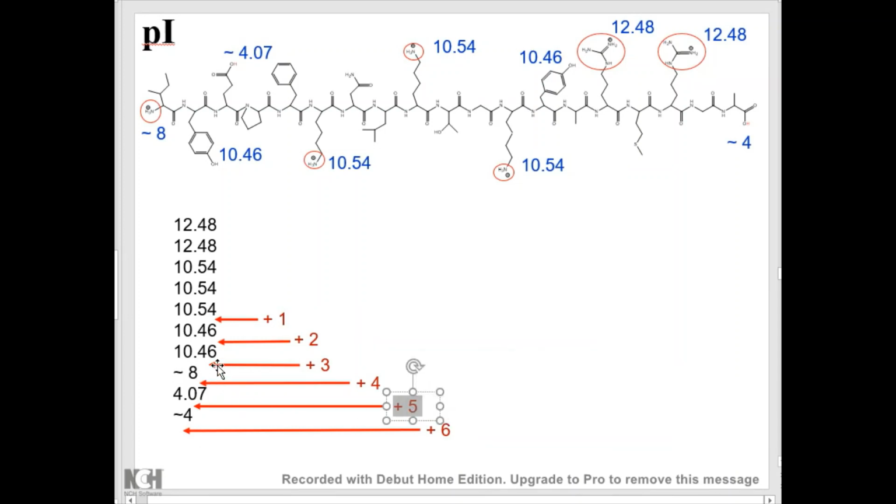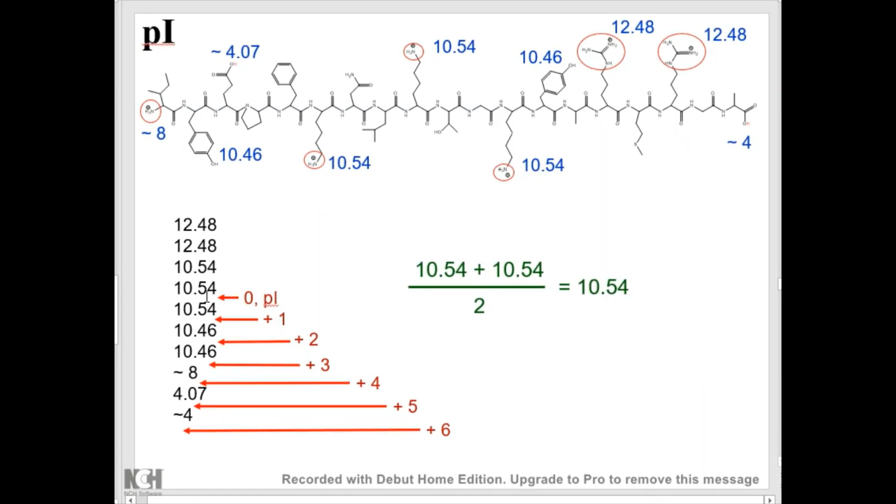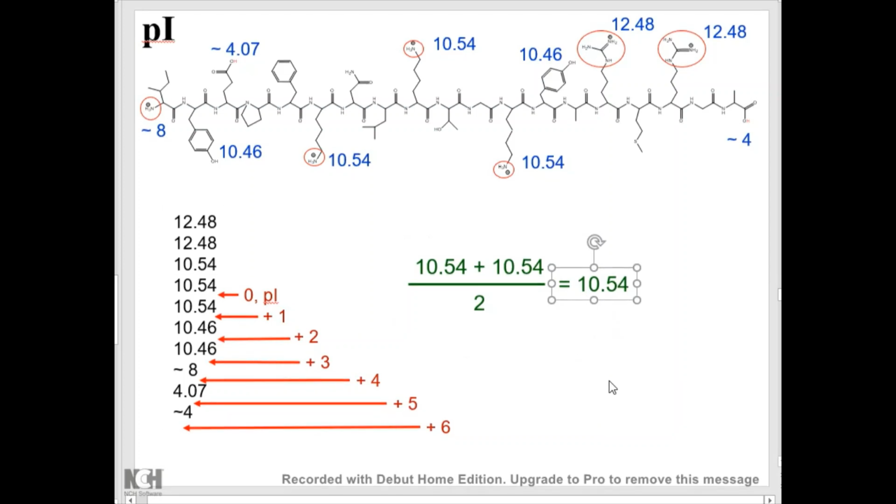Here, plus 4, plus 3, plus 2, plus 1, and 0. So this is your PI point. And in order to calculate the exact number, you have to take the average of the flanking pKa's, these two pKa's, 10.54 and 10.54. The average is obviously 10.54. Yeah, this is your answer.